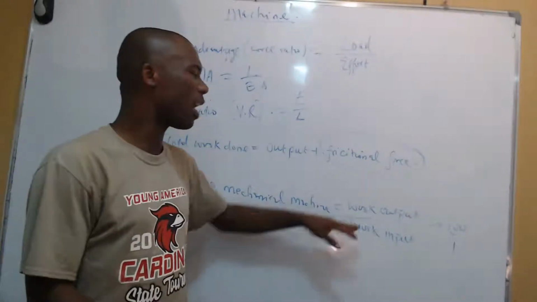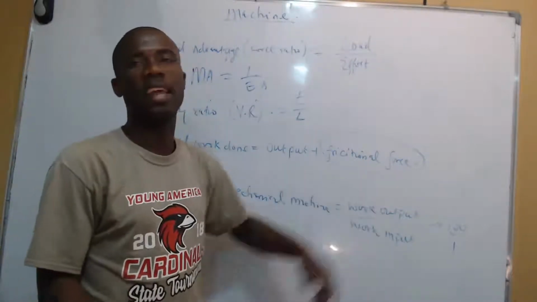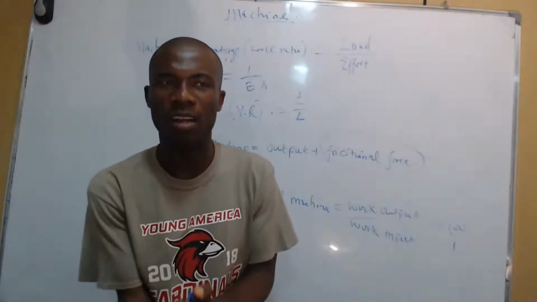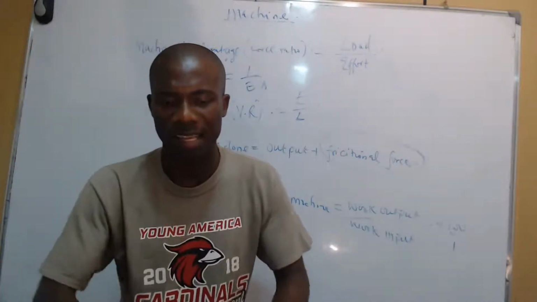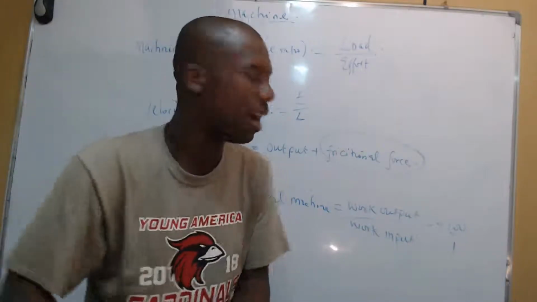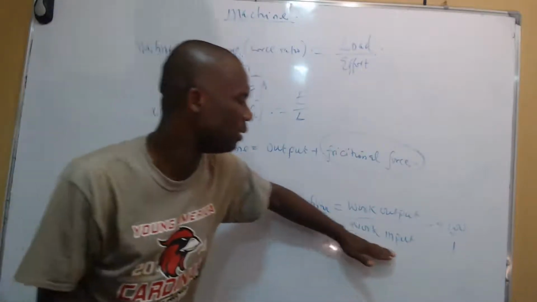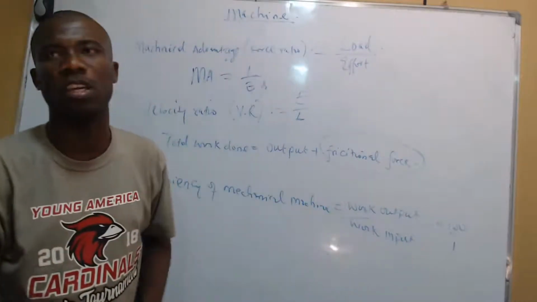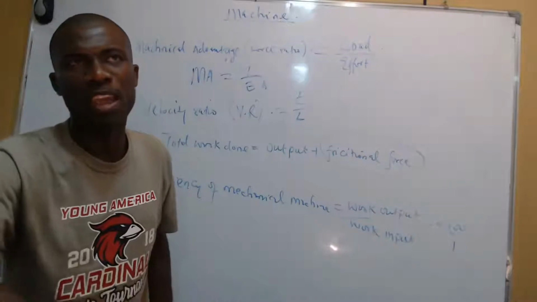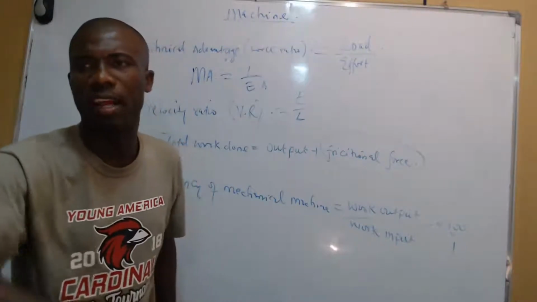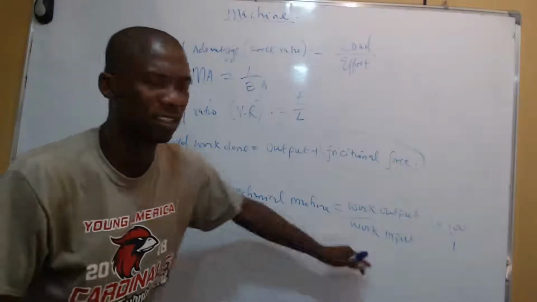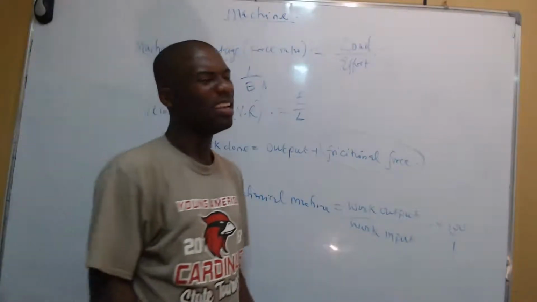And then the work output is the work that is done by making sure that the cork comes out. Another way you can define the work input is the work that you do in order to avert or reduce the effect of frictional forces in a particular system.